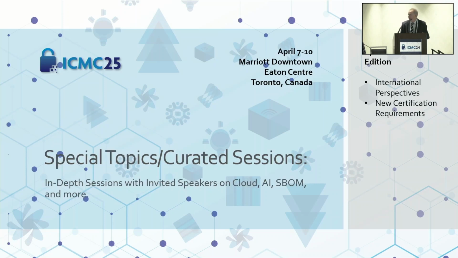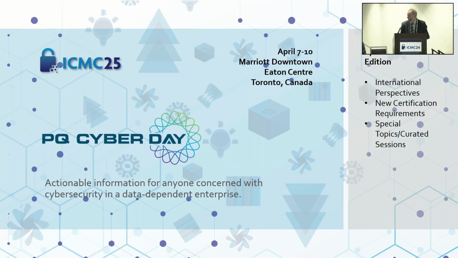And then we're going to have special topics and curated sessions. We're going to task the program committee with putting together 2 or 3 speakers to talk about advanced technologies, AI, SBOM is becoming an issue, cloud, many more. Homomorphic cryptography is one that we hope to address as well.